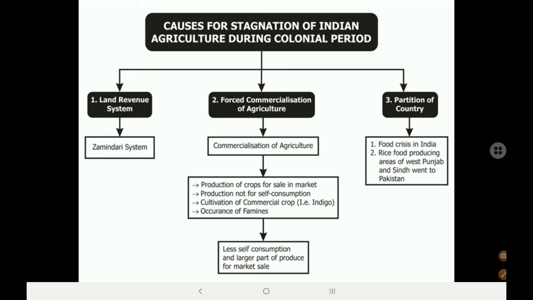Now the third point is partition of country. This also adversely affected the agriculture during the colonial period. India's agricultural production received a further setback due to the country's partition at the time of independence, a sizable portion of the undivided country's highly irrigated and fertile land went to Pakistan.